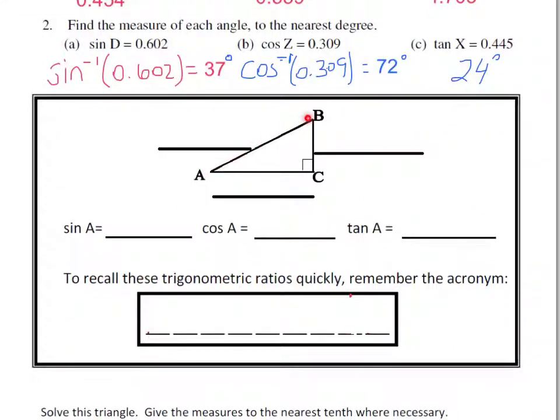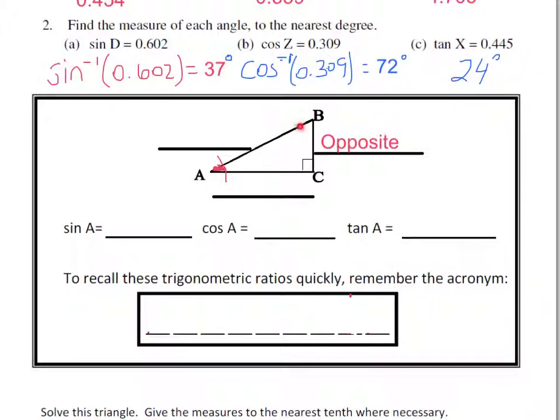Alright, so let's look at a standard right triangle ABC, and let's say that we have given to us angle A here. Well then, that means that this side over here, BC, is the opposite side.